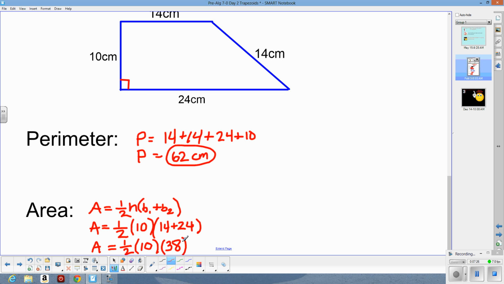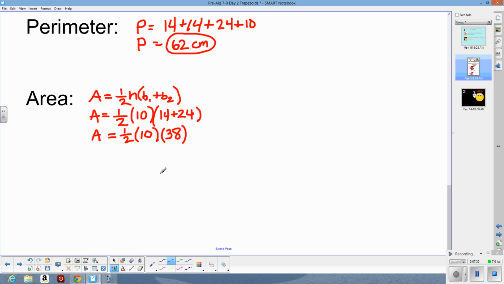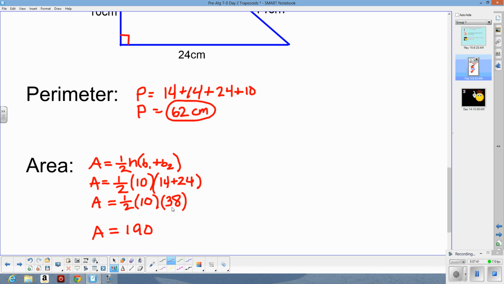Half of 38 is going to be 19, and 19 times 10. 19 times 10 is going to be 190. And this is going to be in centimeters squared.